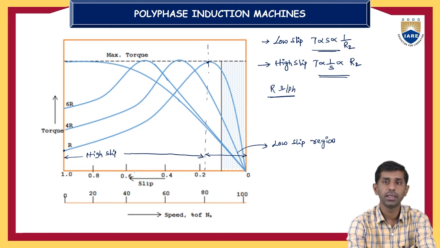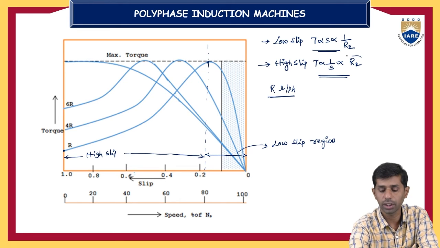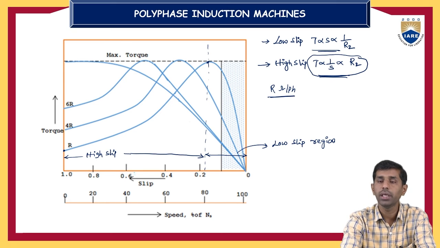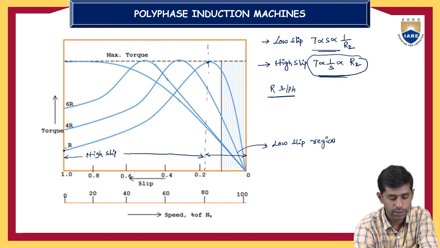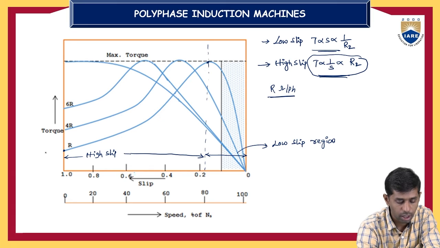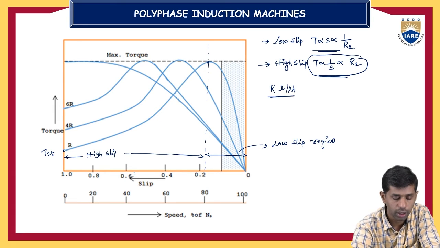So we'll analyze the torque speed and torque slip characteristics from the high slip region. In the high slip region, torque is inversely proportional to S and directly proportional to the rotor resistance. This is the point when the rotor resistance is R ohms. This will be the starting torque developed by the induction motor, and it will be a rectangular hyperbola between torque and speed.